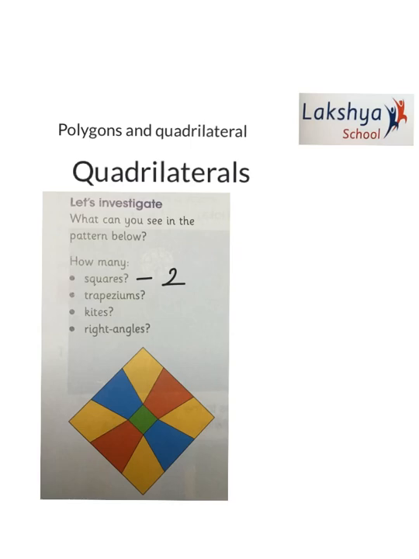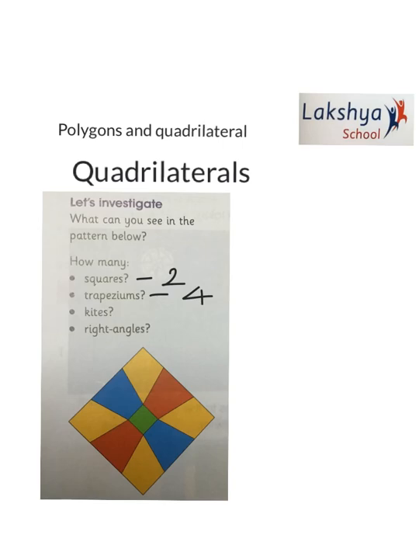We know that a trapezium is a quadrilateral which has a pair of parallel sides. So the parallel sides over here are this and this, so this is a trapezium as we know it. So there are 1, 2, 3, 4 trapeziums.